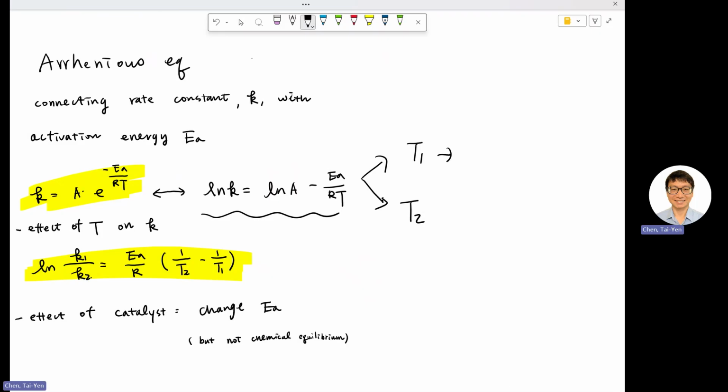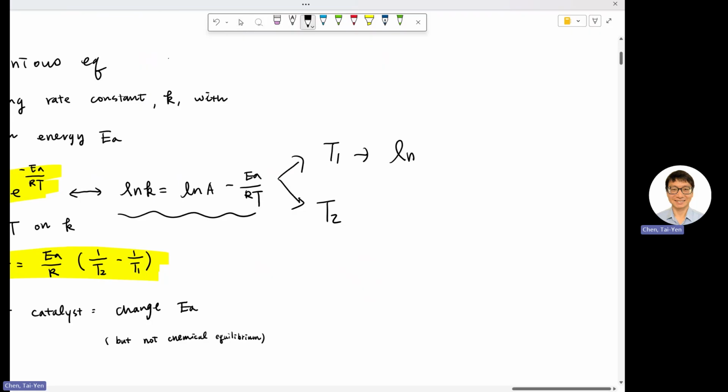If you look at temperature T1, then you can write the equation natural log k1 equals natural log A minus EA over RT1. And if it's a different temperature T2, then my rate constant is going to change. I will label it as k2.